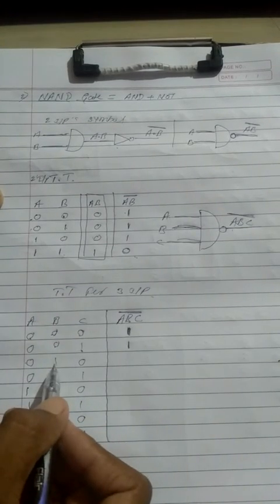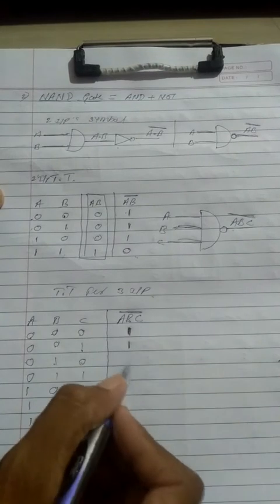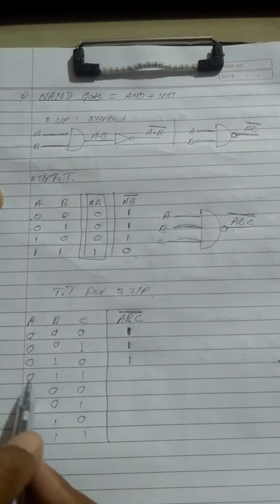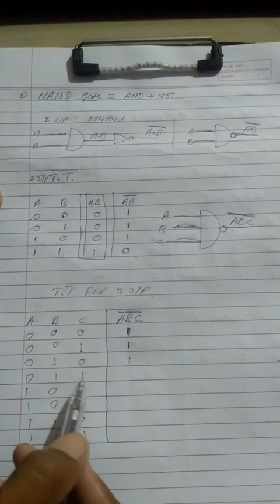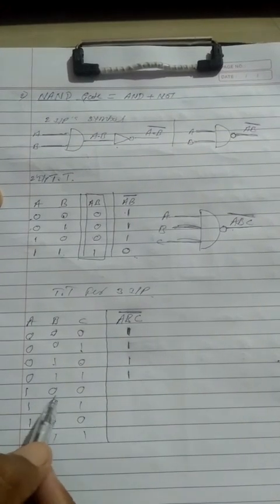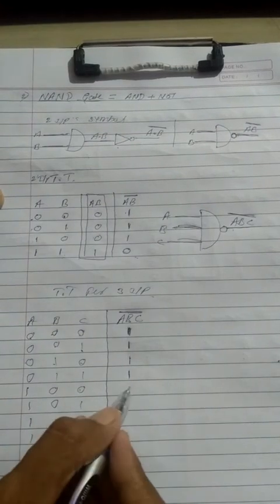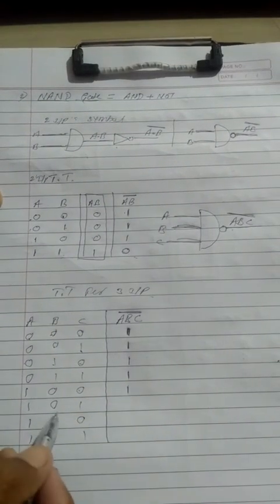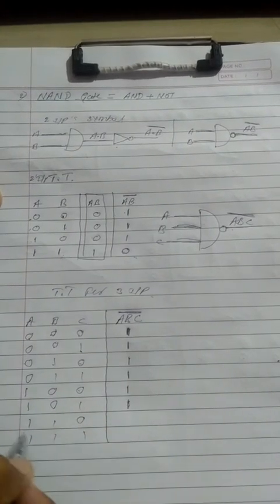Then see here: 0 into 1 into 0 is 0, 0's bar is 1. 0 into 1 into 1 is 0, 0's bar is 1. 1 into 0 into 0 is 0, 0's bar is 1. 1 into 0 into 1 is 0, 0's bar is 1. 1 into 1 into 0 is 0, 0's bar is 1. 1 into 1 into 1 is 1, 1's bar is 0.